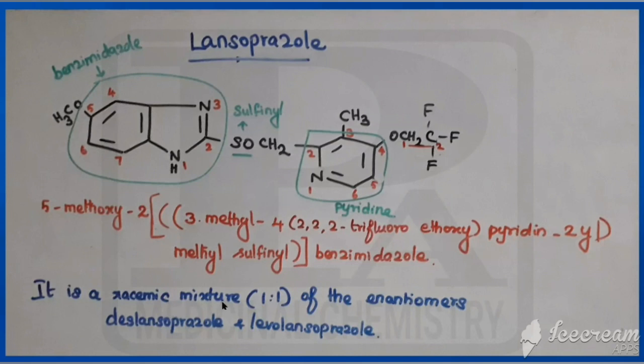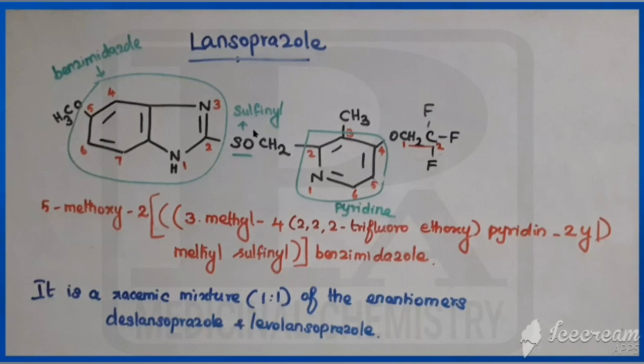Actually it is a racemic mixture, a 1:1 ratio of the enantiomers. Examples: lansoprazole and levo-lansoprazole. So what are the enantiomers of lansoprazole? One is dex-lansoprazole, another is levo-lansoprazole.